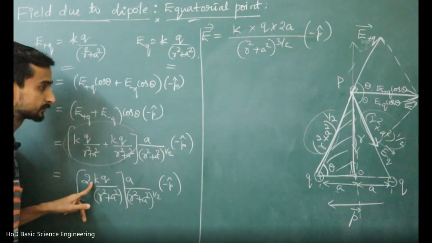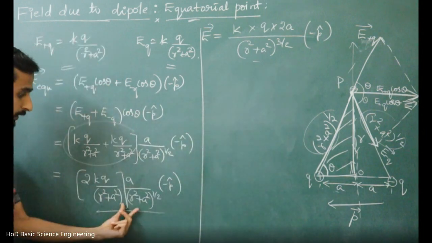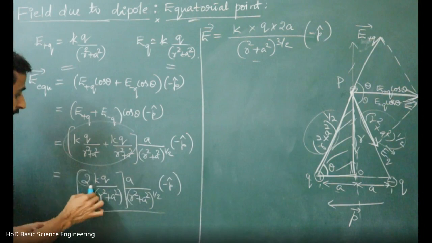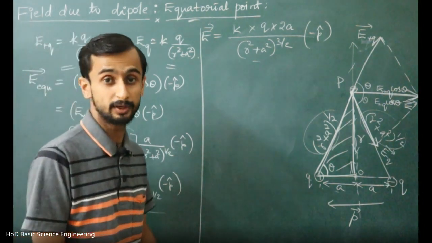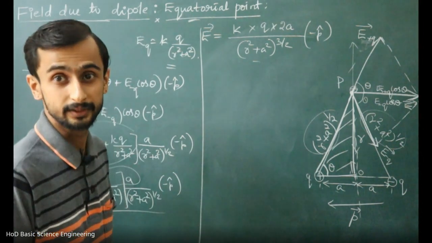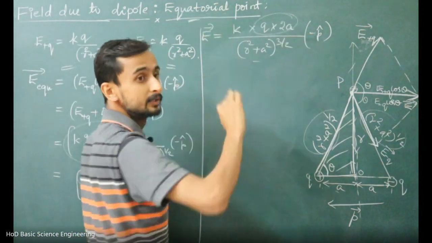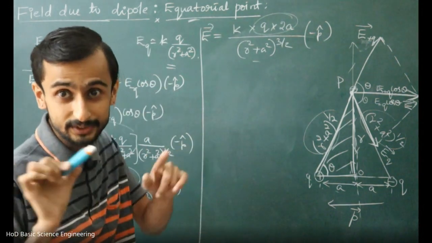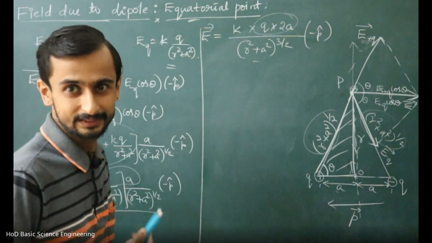Is it one and the same? Just look at whether this equation and this one are the same. Denominator to the power 3 by 2, right? I will rearrange this because I want to introduce dipole moment here. Q into 2A, the product of charge and distance of separation of the dipole, gives the dipole moment.